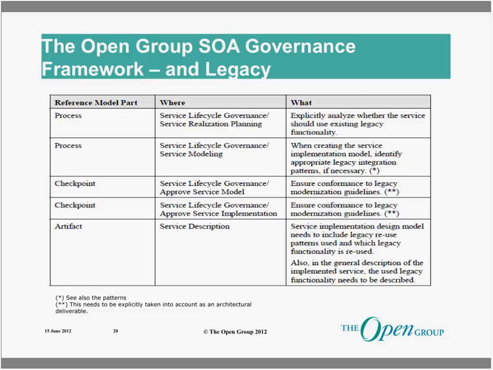There are touch points already in the governance framework, and we highlighted them in this part of the guide. What is really important is that you also need to create guidelines, like legacy modernization guidelines. So what patterns are we actually going to use? How are we going to implement those patterns? We need to work on those guidelines, which could be architectural deliverables, or the first thing that needs to be done when projects start.